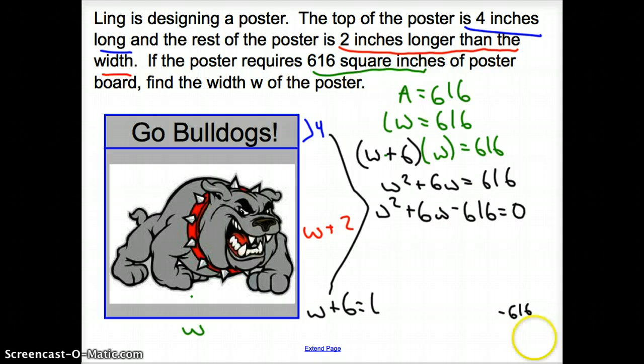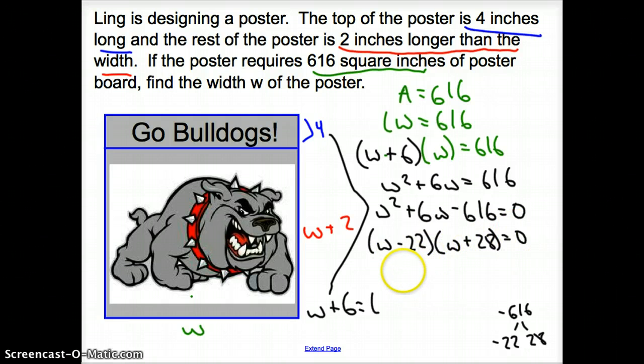Now we could go through some factors here all day, but I'm just going to let you know that the factors that we're looking for are negative 22 and a positive 28, because they add up to a positive 6. So let's go ahead and solve this mess. Now we have W minus 22 times W plus 28, and that equals 0.